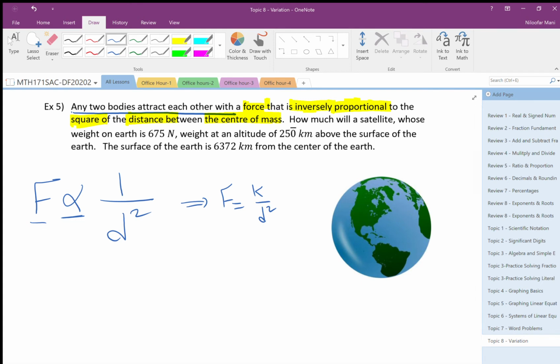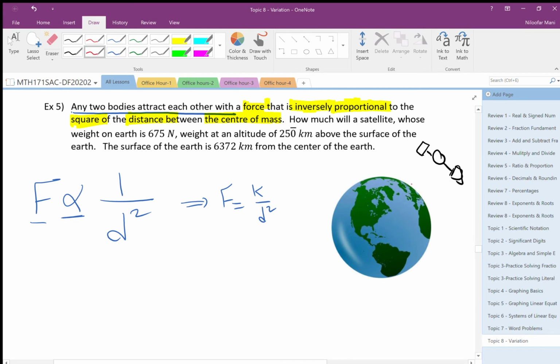How much will a satellite whose weight on Earth is this weight at the altitude of this above the surface of the Earth? The surface of the Earth is this from the center. Let's say, for example, the satellite is here. How much is from here to here?